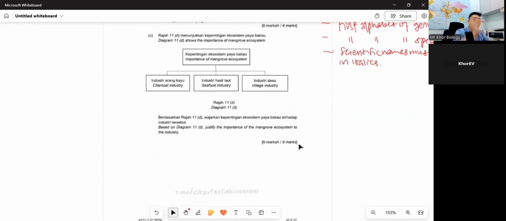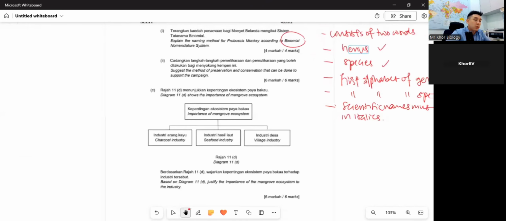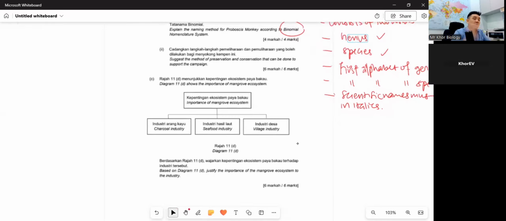In terms of mangrove, we need to talk about preservation and conservation first.